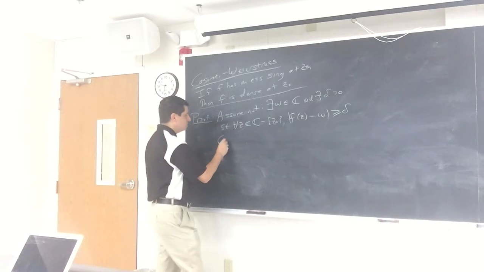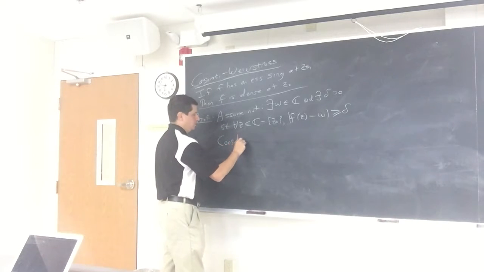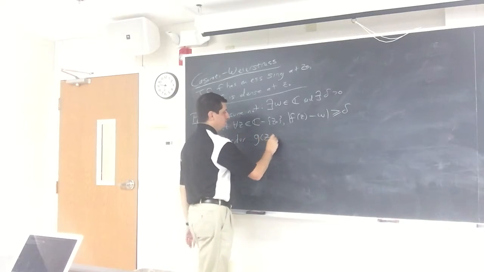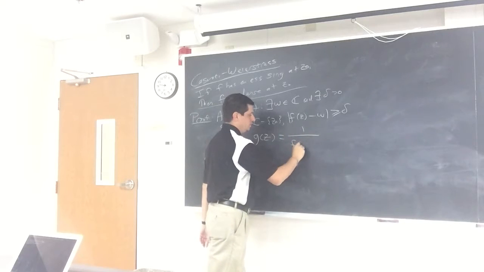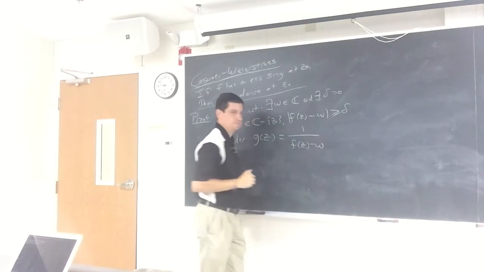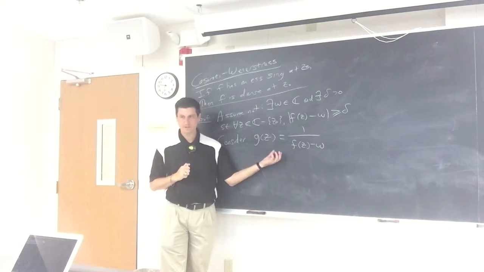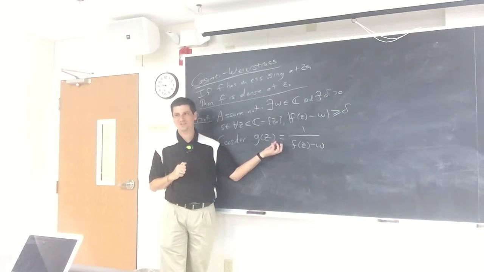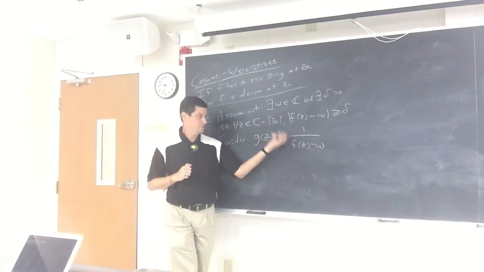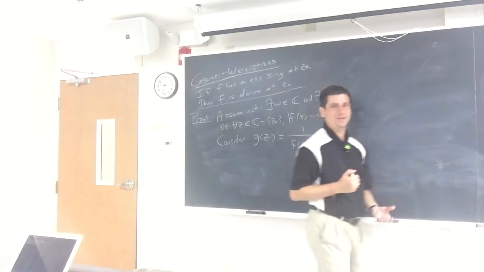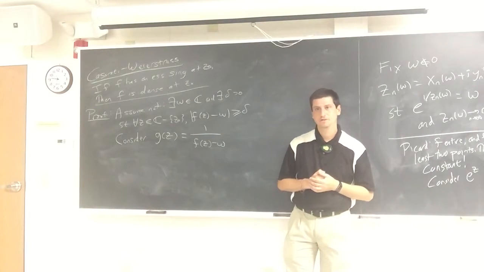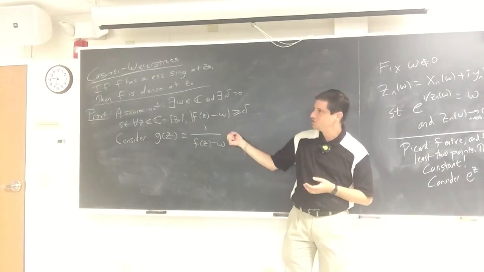Okay, so now let's consider the function g of z is 1 over f of z minus w. Normally you'd be afraid. Why would you be afraid to write this down? Yeah, f of z could equal w. But we're assuming that it's not dense. So since we're assuming it's not dense, we're fine.